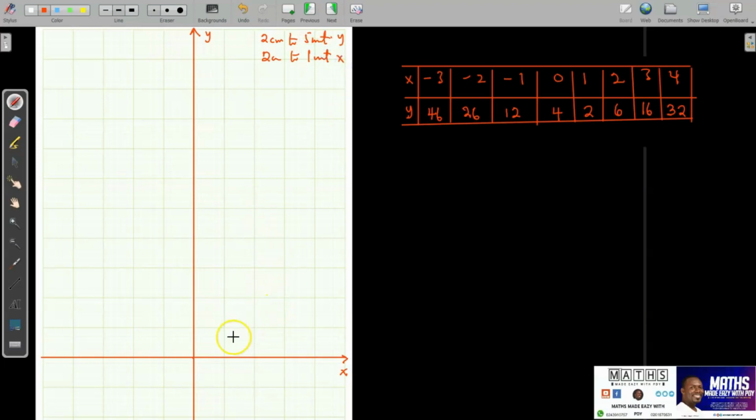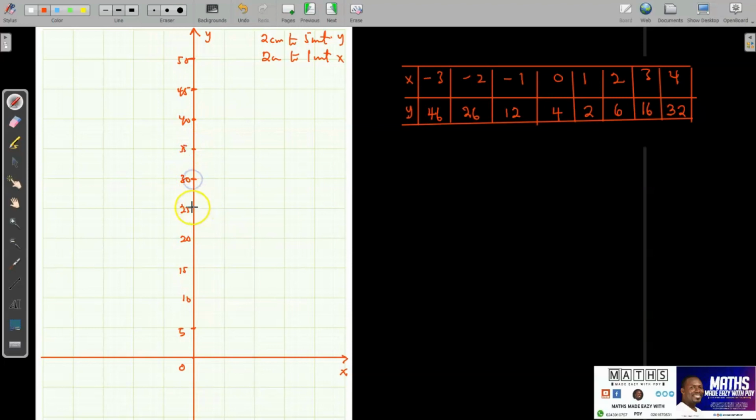Then you have your 0 here, then 5, 10, 15, 20, 25, 30, 35, 40, 45, and then 50. That's enough. Make sure your bars show exactly where you are.